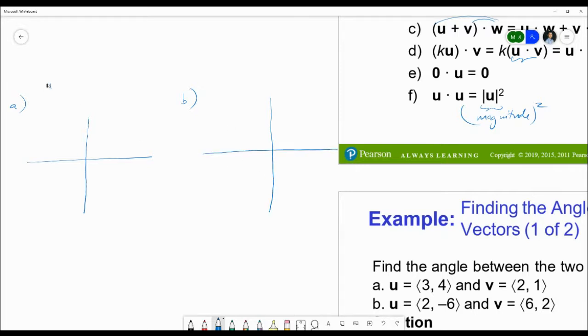I want you to sketch u and v in standard form. Okay, go ahead.